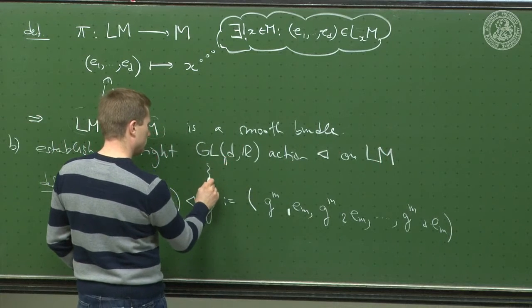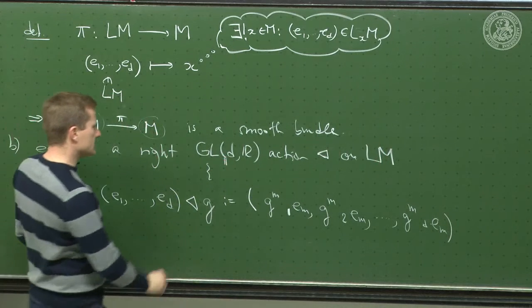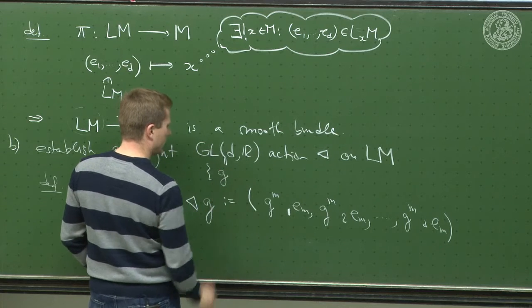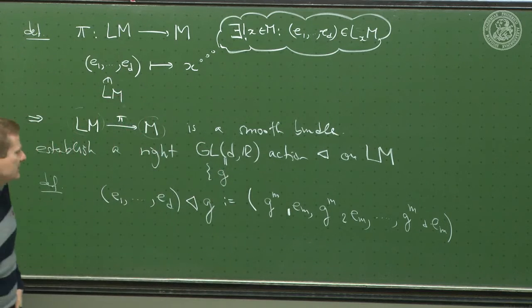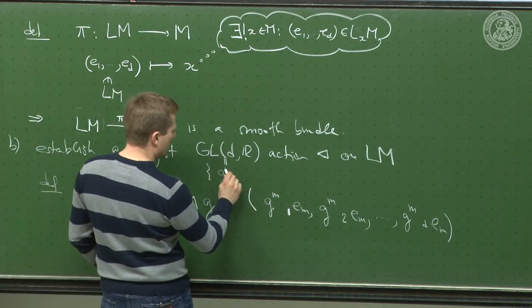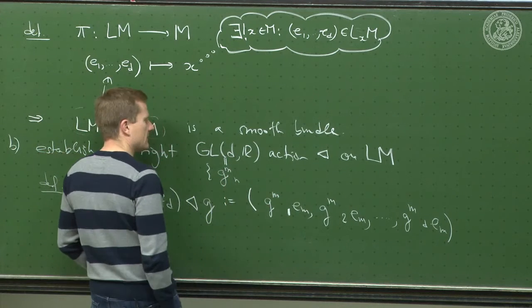GLD is all the endomorphisms from R^D to R^D, which for simplicity, and this is perfectly fine, we already represent by their matrices.